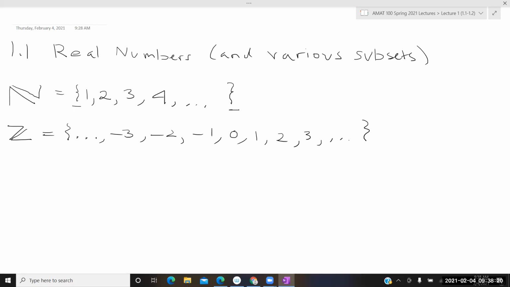We have just some notation, and it's just formalizing everything we already know about the intuitive properties of sets.